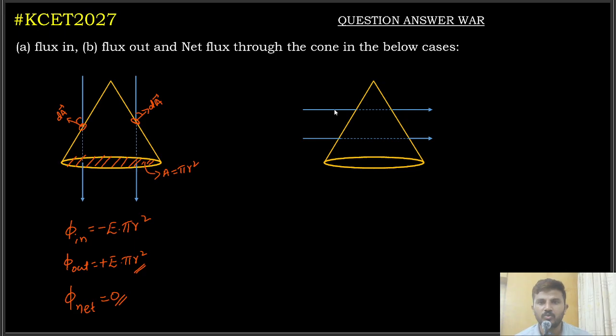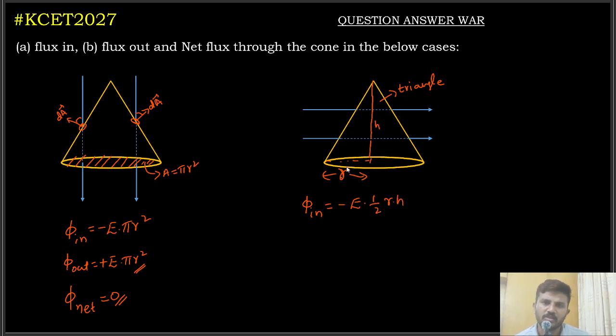Now the cone, if you observe it from the side, looks like a triangle. Yes or no? Let us take the height of this triangle as h and the radius as r. The flux in is given by minus E into the area of the triangle, which is half into base 2r into height h.